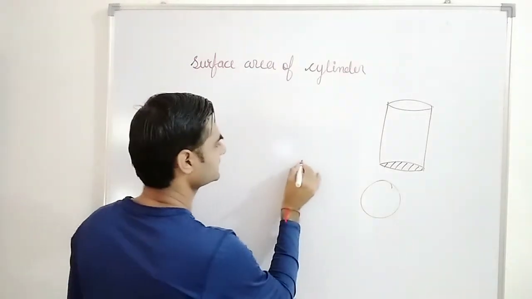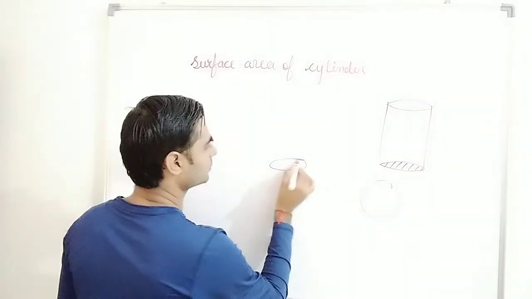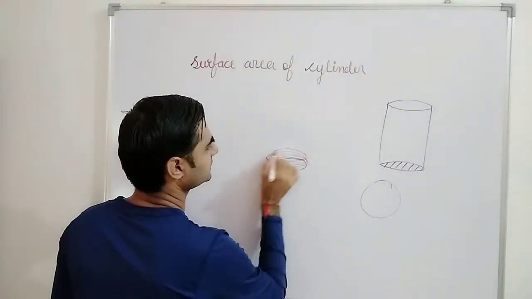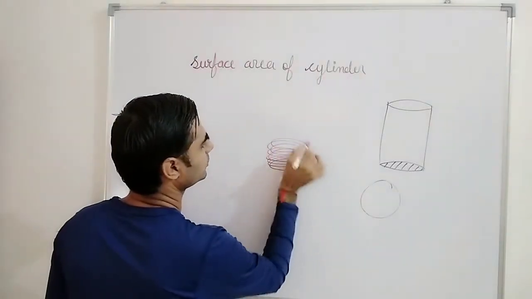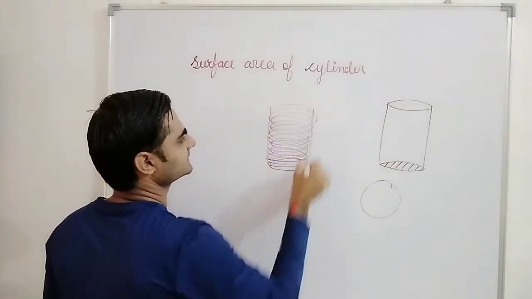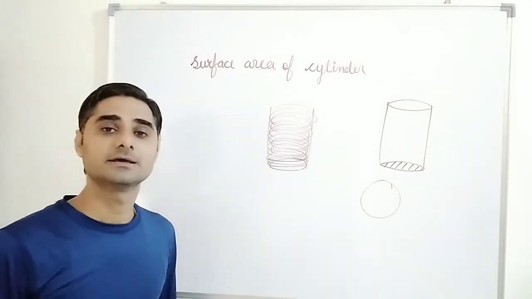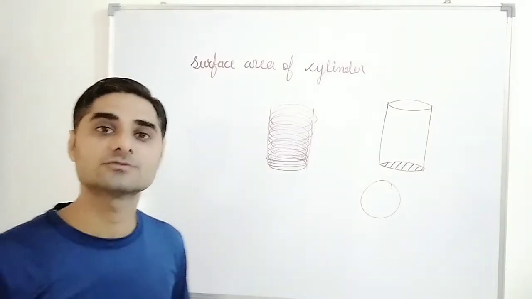If I put one circle on one circle, one more, it will form just like a cylinder. Is it or not? This cylinder is formed by infinite number of circles.